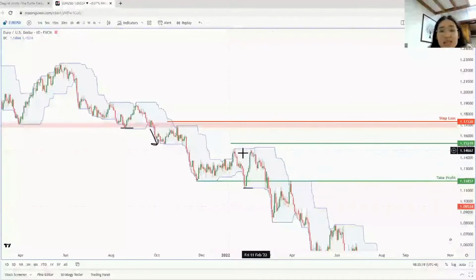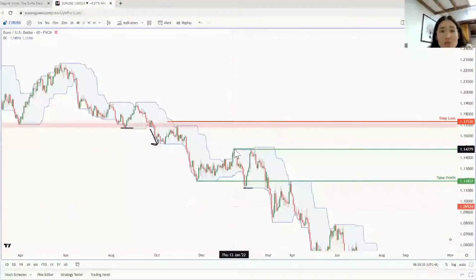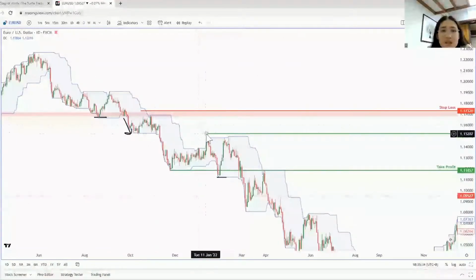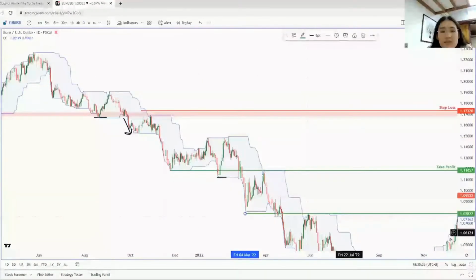So this, once again, is a confluence area. So if they had placed their stop loss over here, they would have gotten stopped out. So we always recommend place it before your confluence area. And then you can see it go down, then they would have made a profit over here. Okay, so that's basically how they use just the channel.